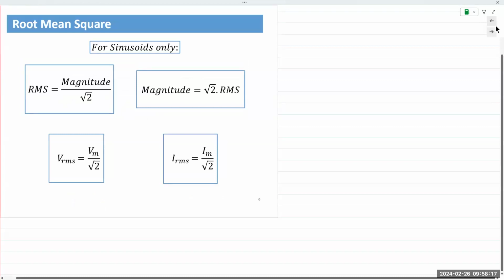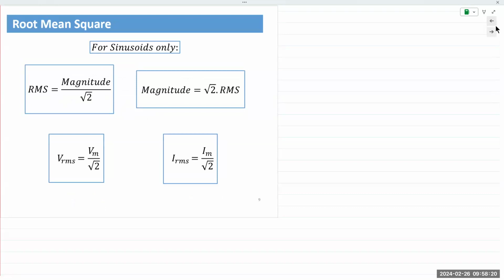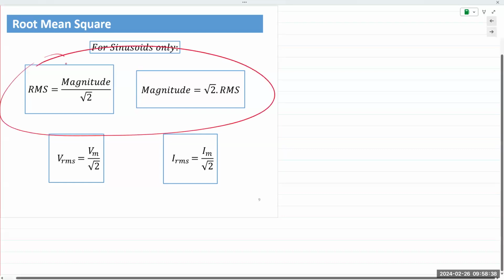For sinusoids only, for sinusoidal waveforms, when you take a sine wave or a cosine waveform and do the mathematical calculation, it turns out that the relationship between the RMS value of the waveform and the peak or the magnitude of the waveform is given by these equations.